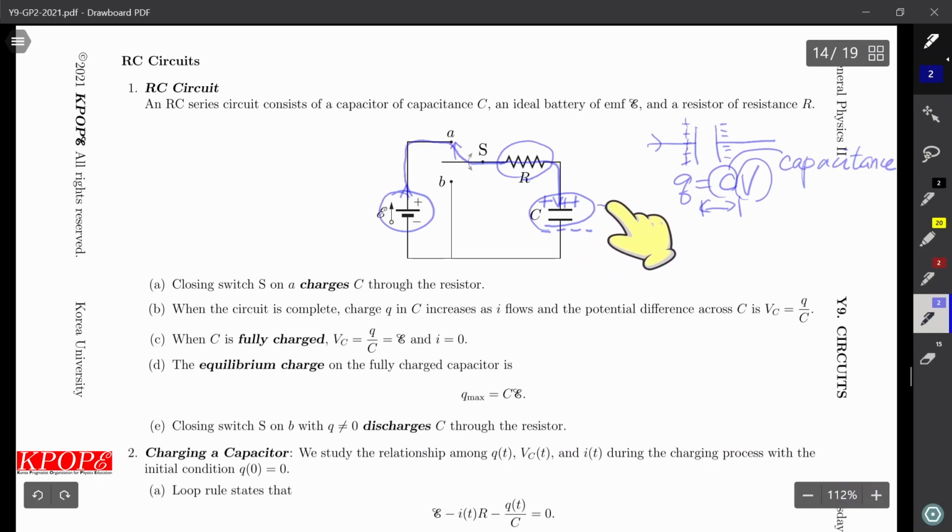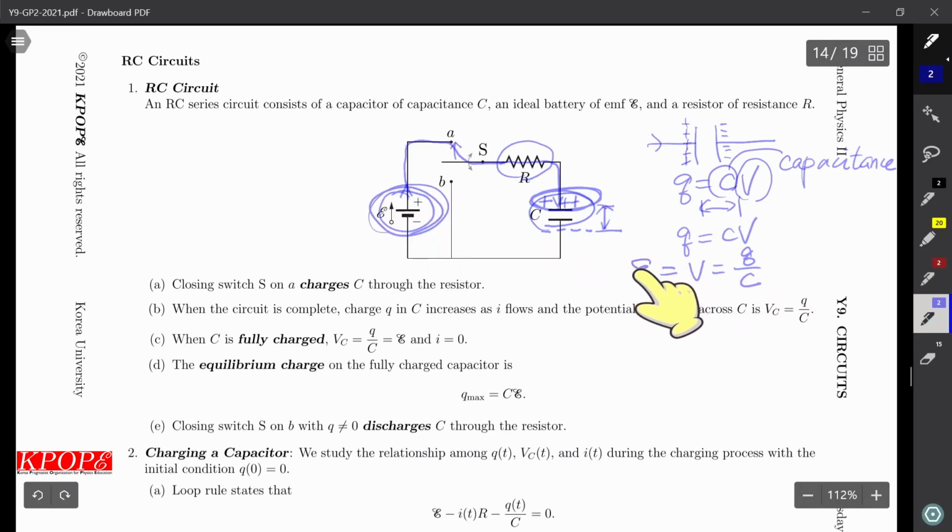So a potential difference appears. As time goes on, the capacitor becomes fully charged. When we reach Q equals CV, or V equals Q over C, when this potential reaches the exact amount of EMF, then the current stops.